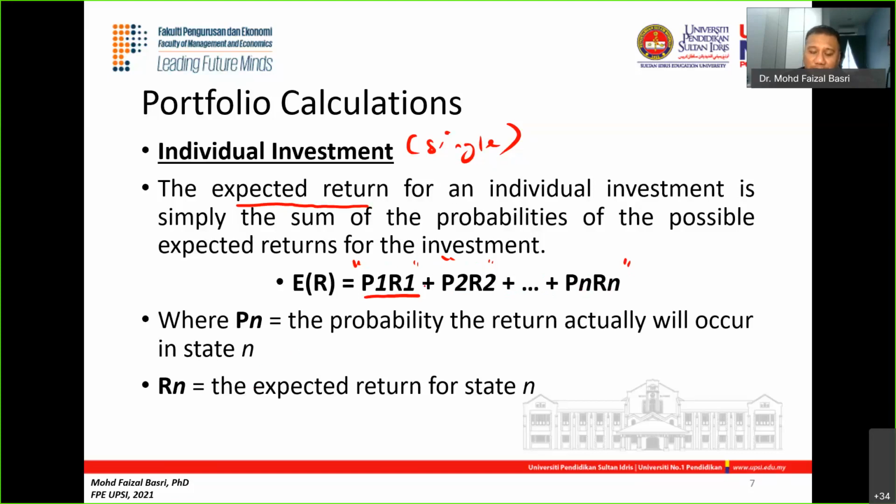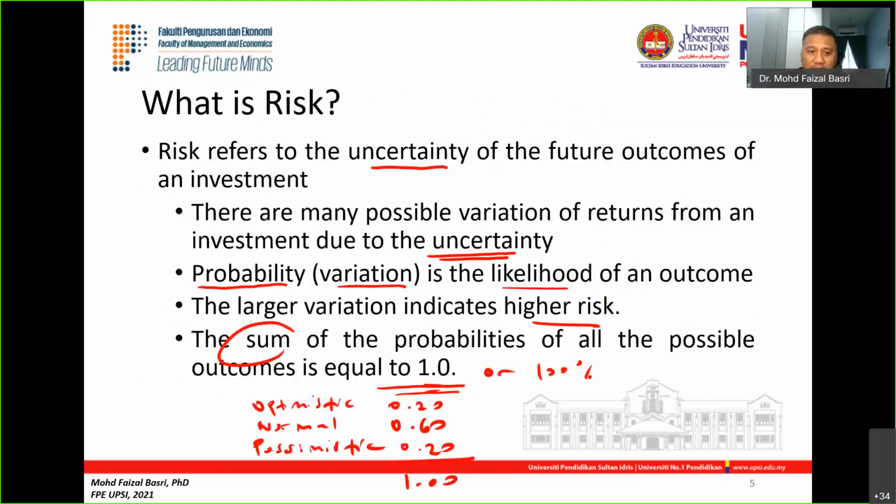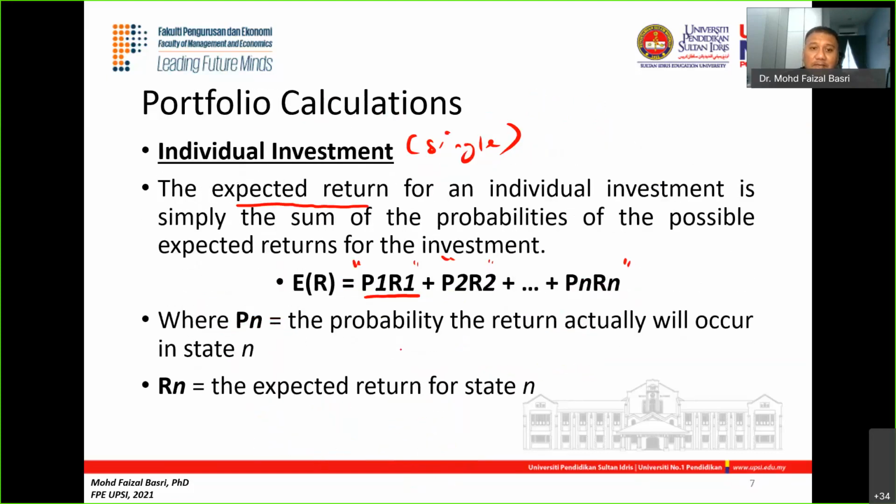If you have three, optimistic, normal, and pessimistic, you're going to have P1 plus P2 plus P3. If you have four probabilities, you're going to have four P's and four R's. That's why I put triple dots here and Pn and Rn, where n refers to the maximum number of probabilities and returns respectively.